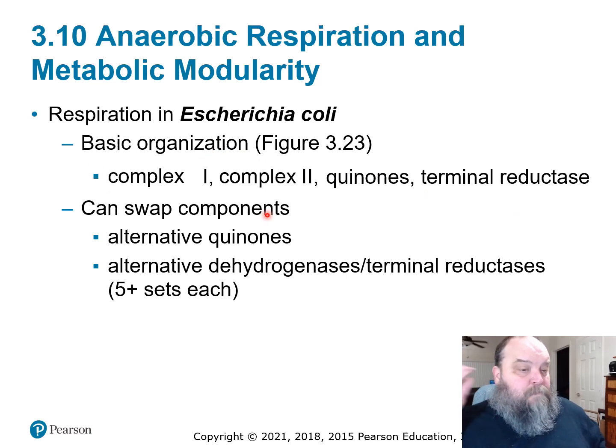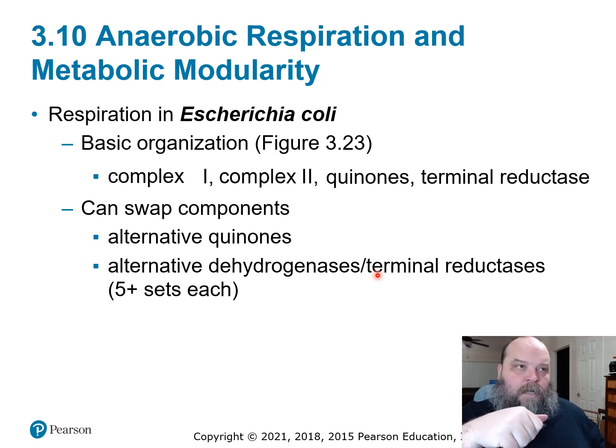You still get the same basic set of protein complexes. You swap out, though, the quinones. You swap out alternative dehydrogenases and things like that, terminal reductases, depending upon growth conditions.